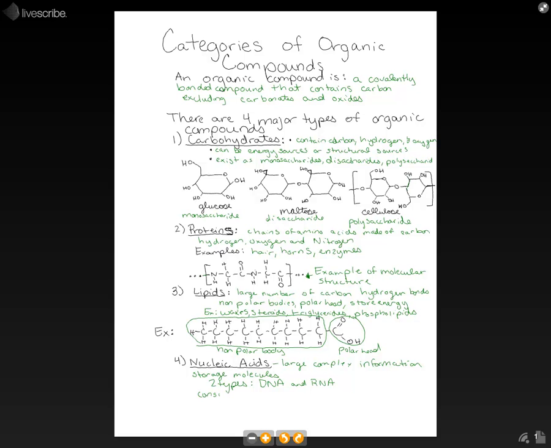And these consist of a nitrogen base, a phosphate group, and a 5-carbon sugar. And that is the categories of organic compounds.